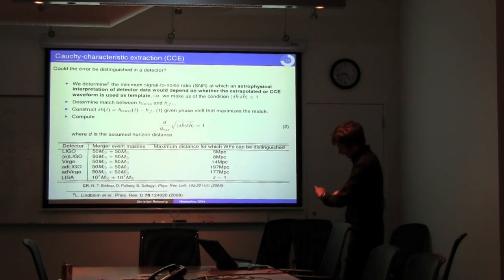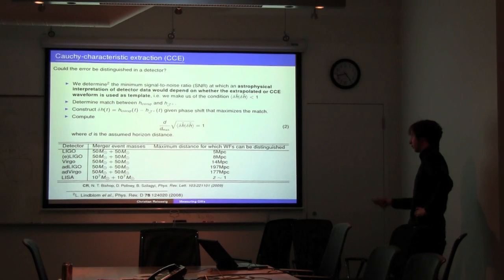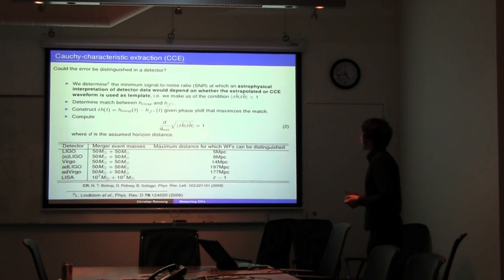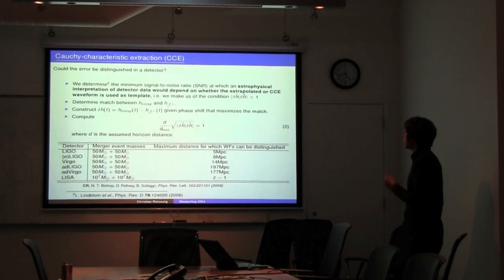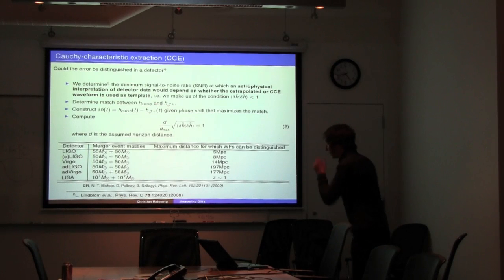So you can also ask, does the difference in the two waveforms matter for gravitational wave detectors? And you can make use of these methods. You can calculate the detector noise scalar product of the difference of the two waveforms, one extrapolated waveform and one obtained at scri plus.